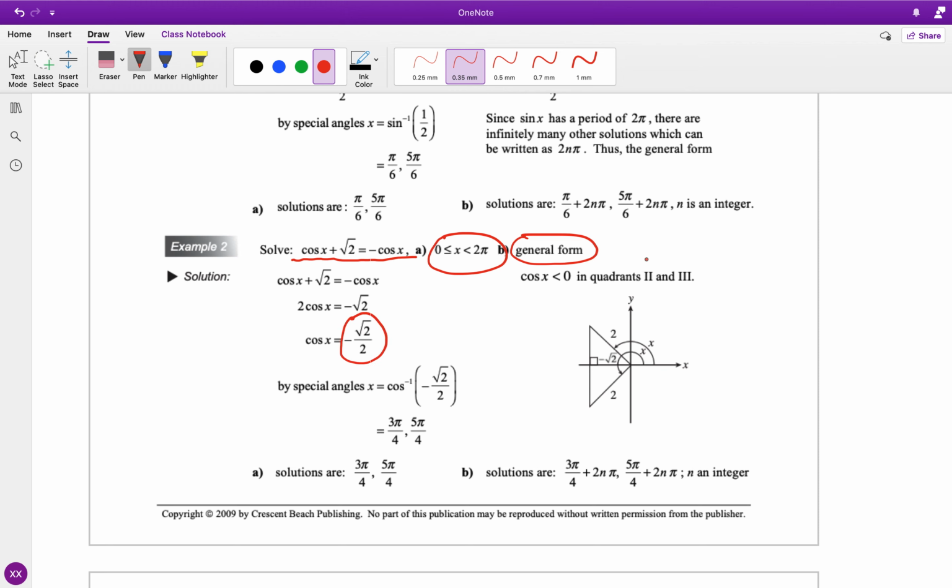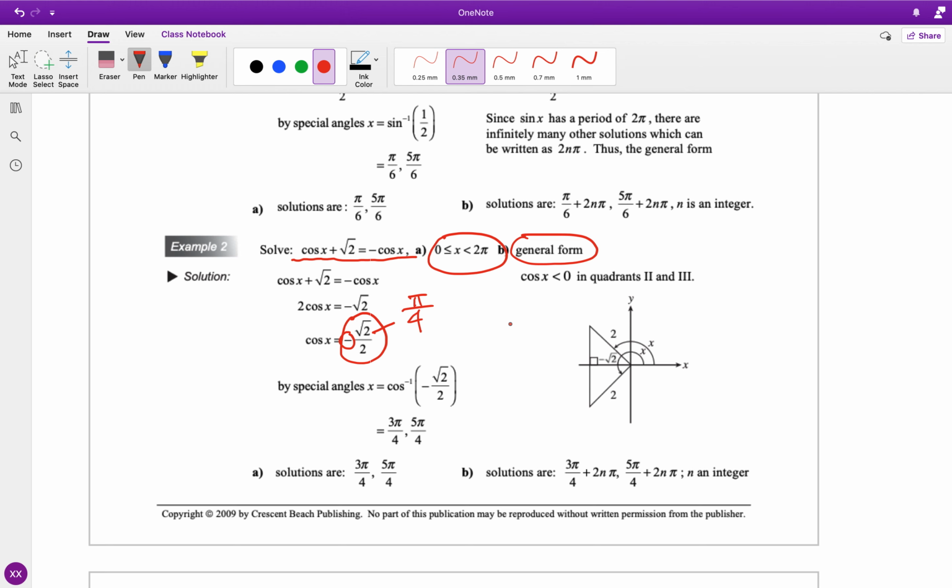Now, as we said right from the beginning, if we look at the root of 2, we need to think about pi over 4. But because your value for cosine is negative, that means it is only in the second quadrant and the third quadrant.